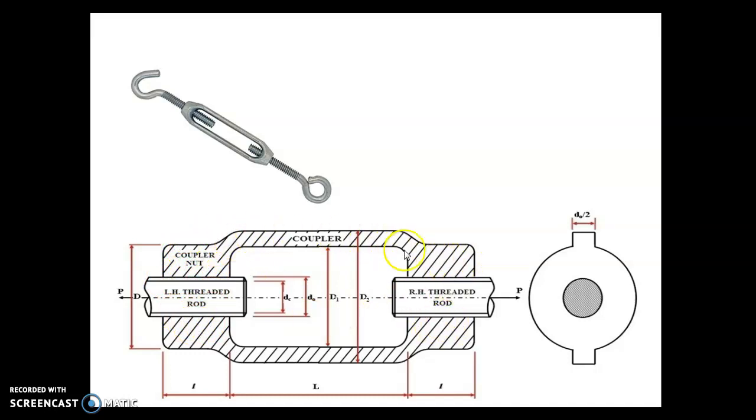And the middle part, at which we have to induce a moment to produce clockwise or anti-clockwise rotation for tightness and looseness of these two rods, is known as the coupler. This middle part is generally in hexagonal shape to induce a moment.